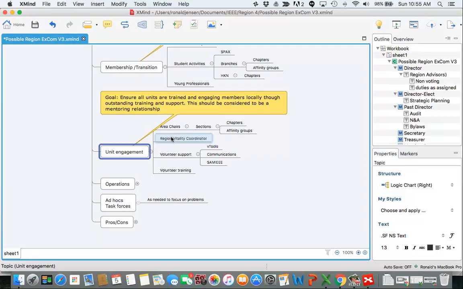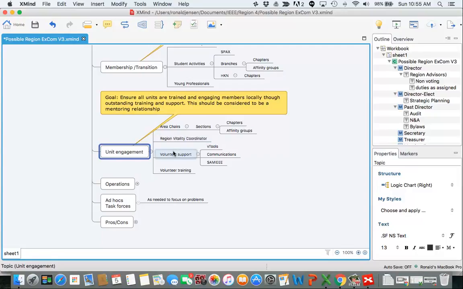If the region volunteers are doing their job, the section and chapter volunteers are just getting hit from all different directions, and it probably doesn't make a lot of sense. Especially, we only invite the section chairs to our region meetings, and so they don't really have a chance to see the big picture.